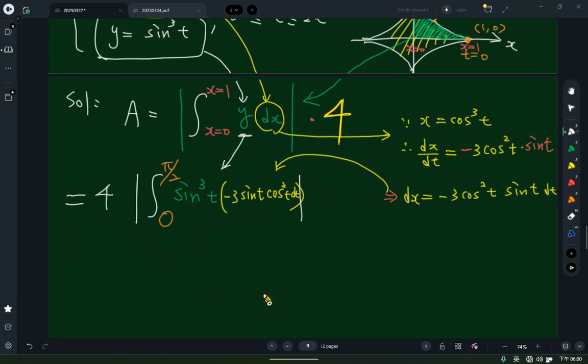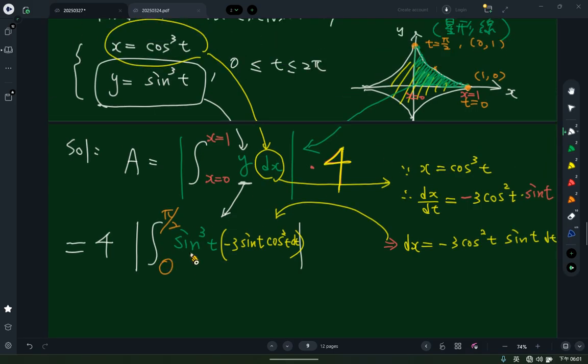So why did I take the absolute value sign here? Because did you notice that when we calculate the integral, 0 to 1/2 pi and 1/2 pi to 0 are different. We need to add an additional negative sign later. However, if we take the absolute value, we force the final result to be a positive number. Okay, so to be safe, we just add the absolute value sign here.